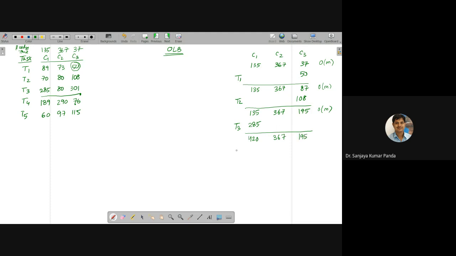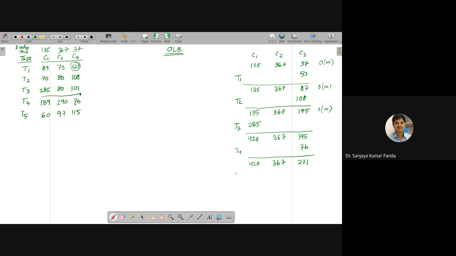Now, similarly, if you proceed, T4 is assigned to the last one, that is taking 76 units of time. So its ready time is updated to 195 plus 76. You will get 271. It is 367 here, and here it is 420, as it is, because we have not assigned T4 to C1 and C2. So the same time carries forward.